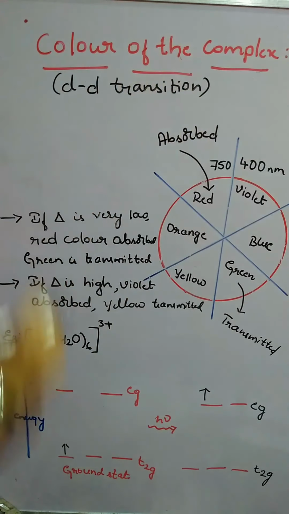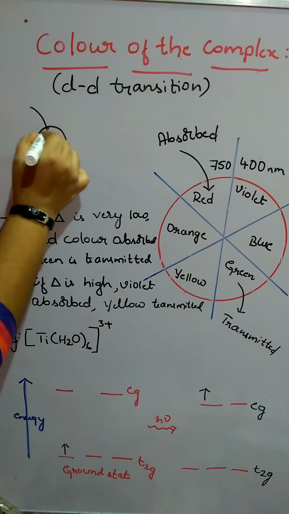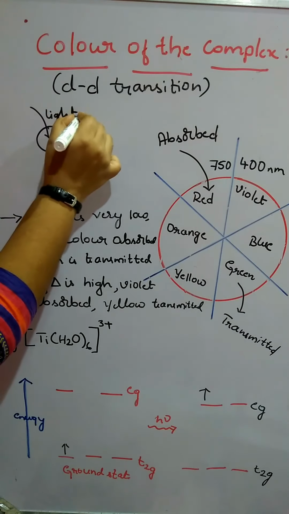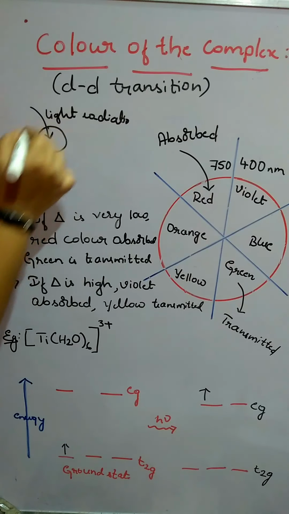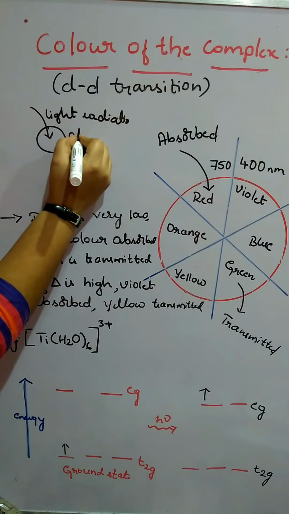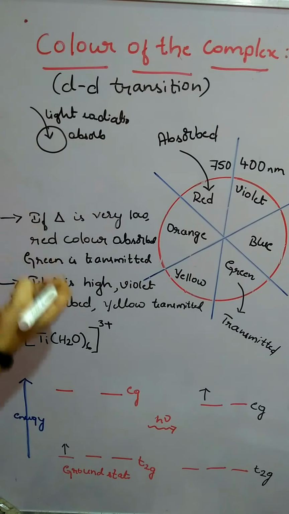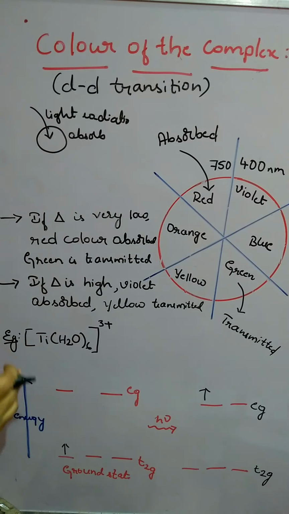Color of the complex. Whenever a light radiation falls on a substance, the substance is going to absorb a particular wavelength of radiation.